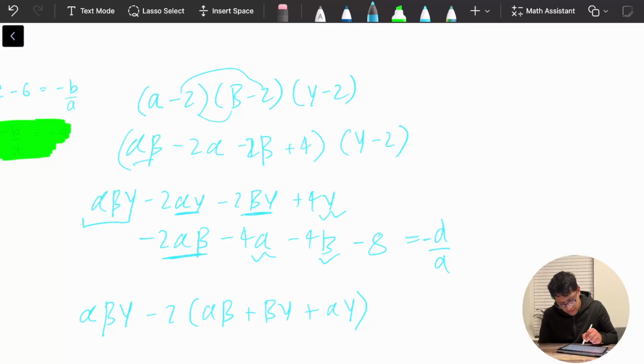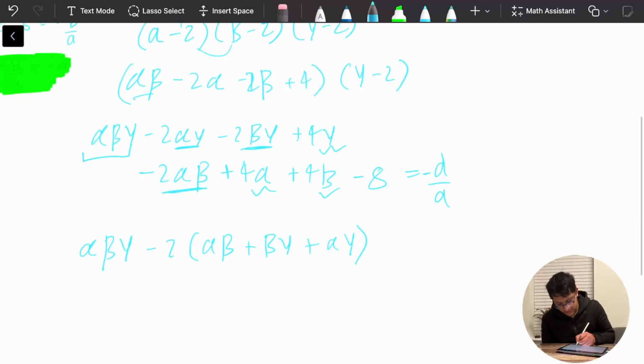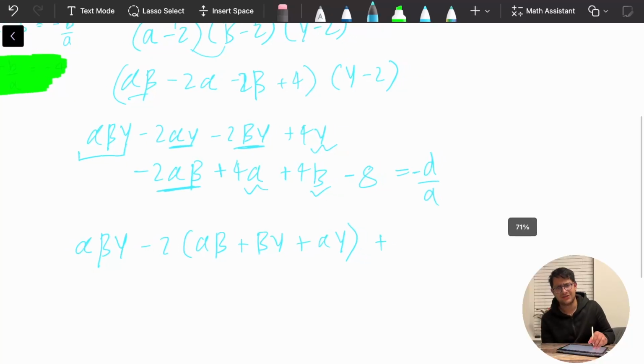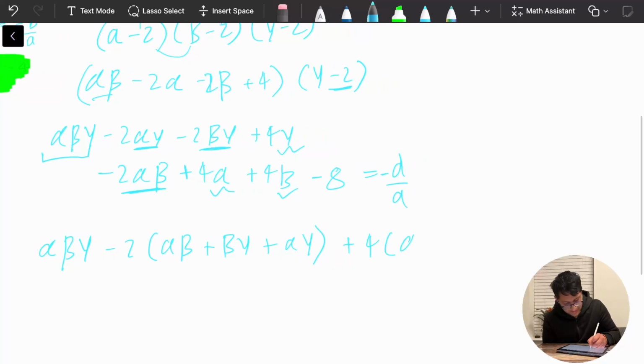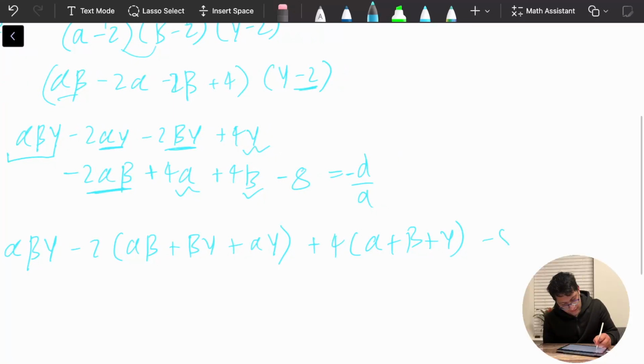Oh wait, this is plus 4 as well, and this is plus 4 and this is minus 8. That makes a lot more sense. I was worried for a second, like, where have I gone wrong? Because it's minus 2 times minus 2 alpha. So it's plus 4 alpha, plus alpha beta gamma, minus 8 equals minus d by a.